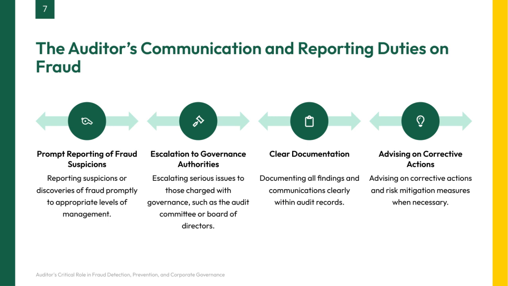Throughout this process, clear and thorough documentation of all findings and communications is essential. This helps maintain transparency and supports any future investigations or decisions. Finally, we should also provide advice on corrective actions and risk mitigation measures, helping the organization to address the issue and prevent similar problems going forward.